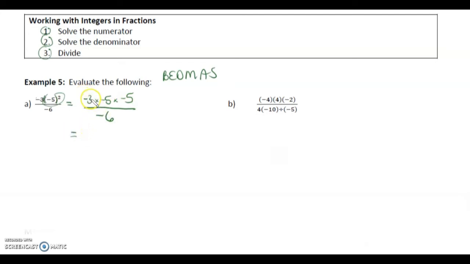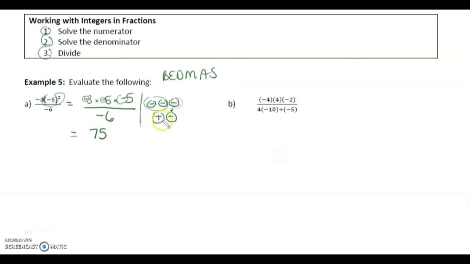So when we do 3 times 5 times 5, we get the number 75. Now, if we're looking at the signs, we have negative, negative, and negative. So if you think about it, we put this on the side of our paper. 2 negatives is going to equal a positive.